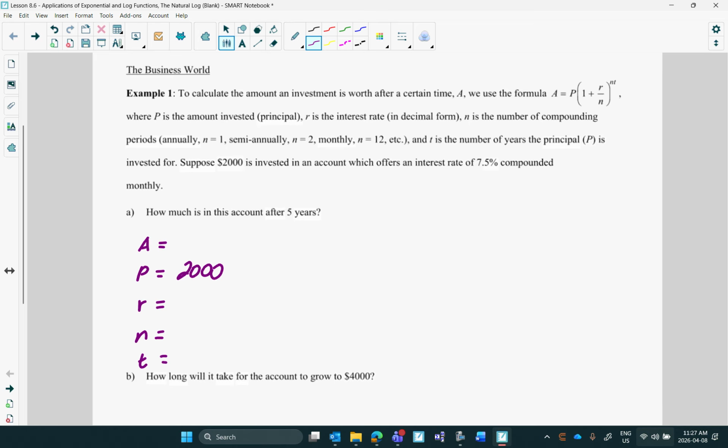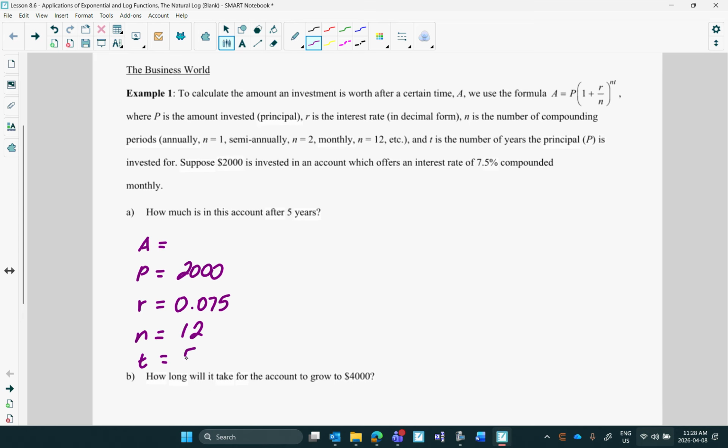Interest rate 7.5%. R as a decimal, so 0.075. You can move the decimal point over twice. Compounded monthly. Monthly is for which one? N. N is 12. And if you look at the actual question in part A, how much is in this account after 5 years? What's the 5?